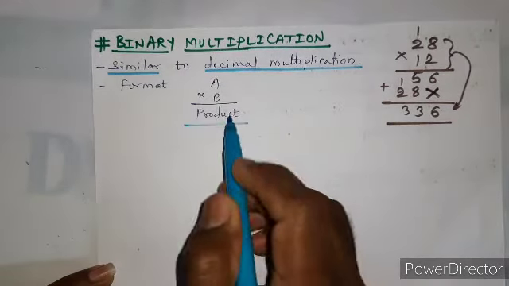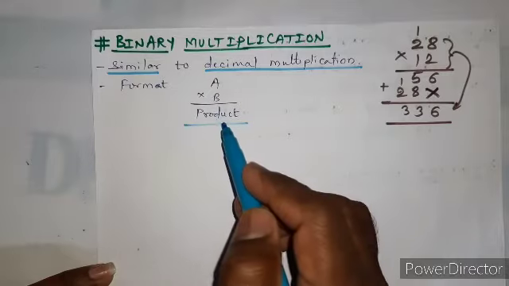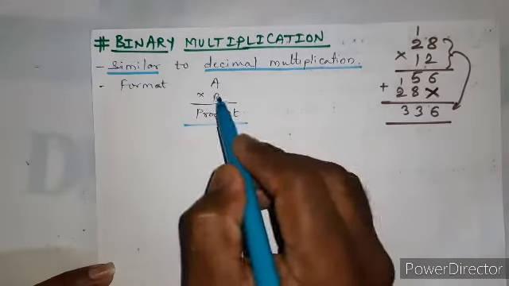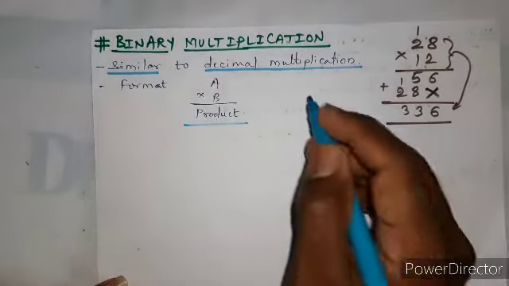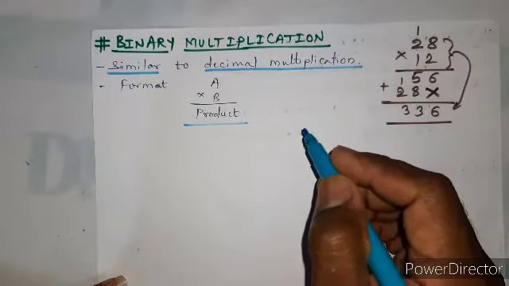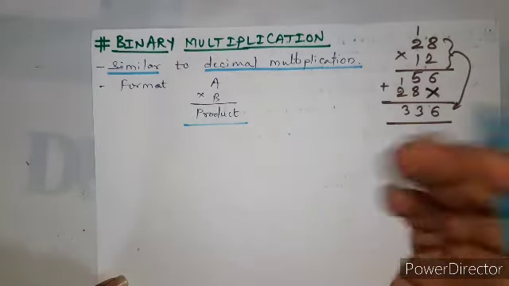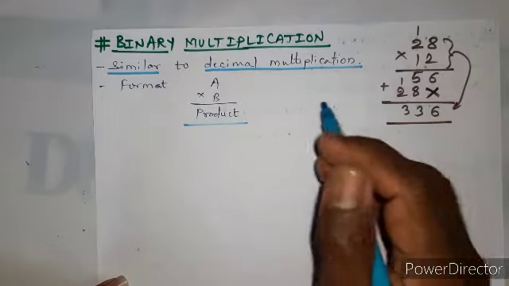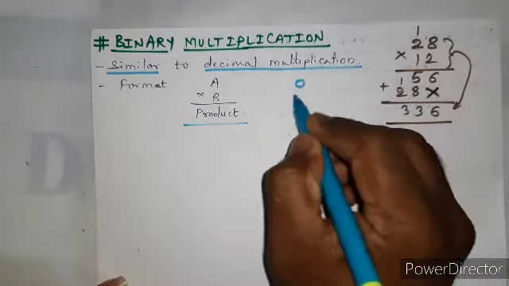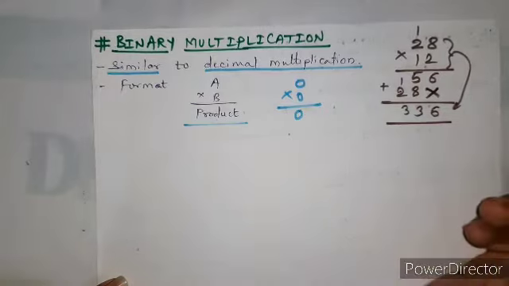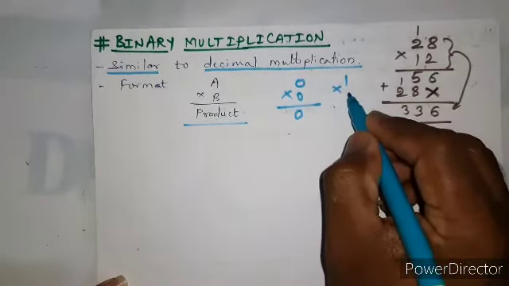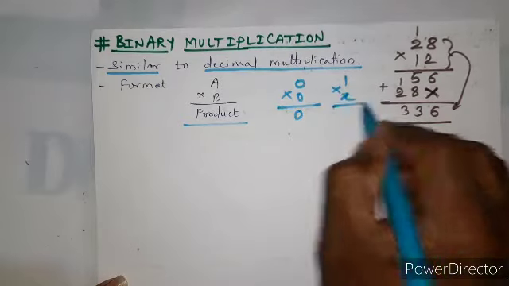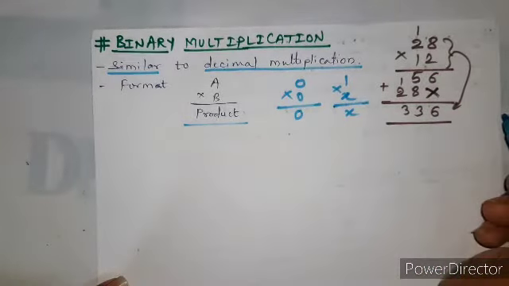And we have this format for binary multiplication where A and B are bits, either 0 or 1. Now you can consider here the 4 rules, or simply put it into 2 rules: 0 into anything is 0, and 1 into anything is that number itself.